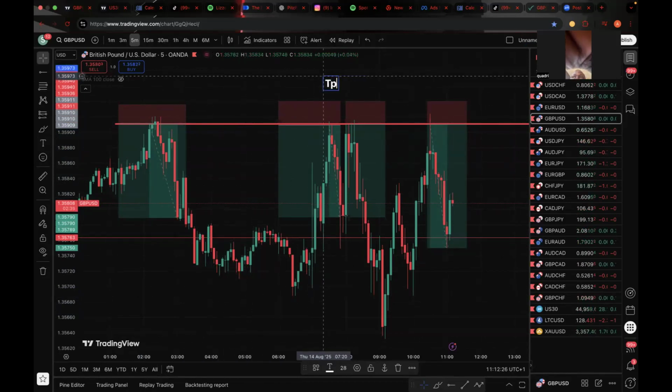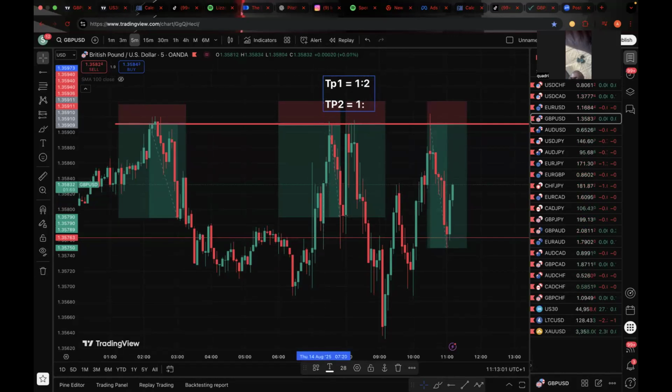TP1, let's say 1 is to 2, and TP2, let's say 1 is to 4. That's what we were using before.